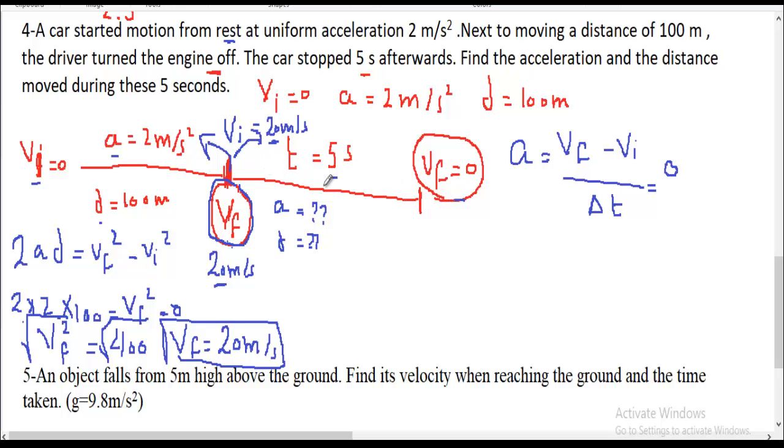Because the car is slowing down, and as we said before, when a body is slowing down, the acceleration will be negative. Negative 20 over time, which is 5. Negative 20 over 5 equals negative 4 meters per second squared.